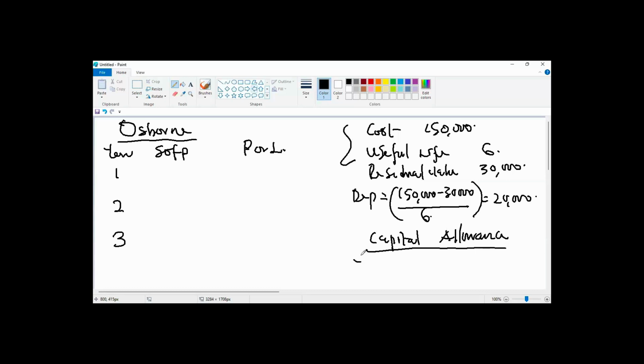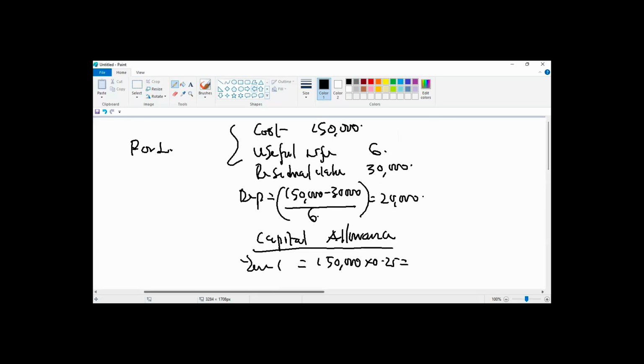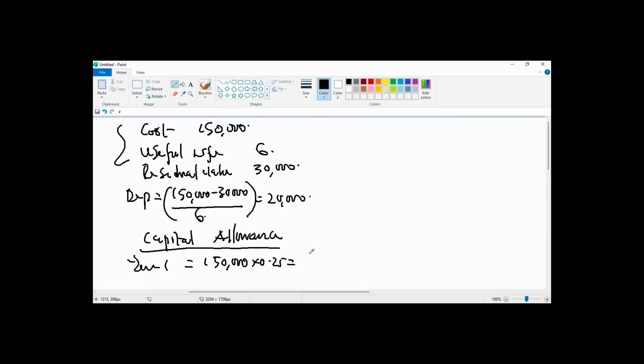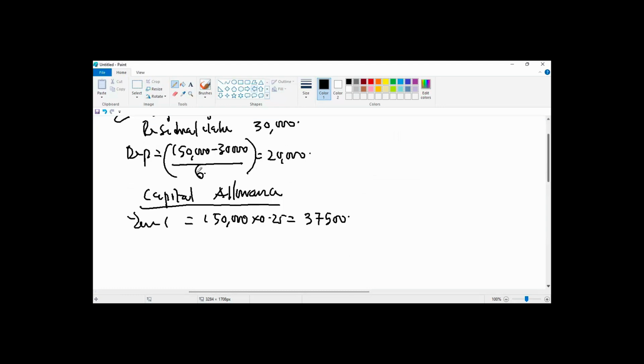For the 3 years, year 1: 150,000 times 0.25. That is for year 1. That will give me 37,500. On reducing balance basis, year 2: 150,000 minus 37,500 times 0.25.